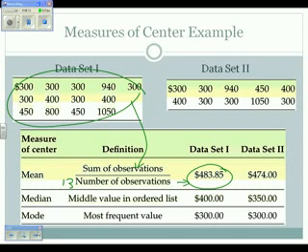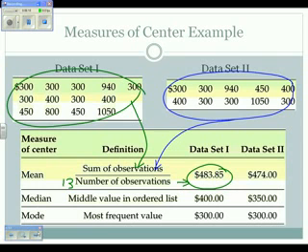For data set number 2, we would add all of those values together, and we would divide by what? 10, because there are 10 data values here. So we would add these and divide by 10. When we added these, we would probably get 4740, because if you divide 4740 by 10, you get 474.